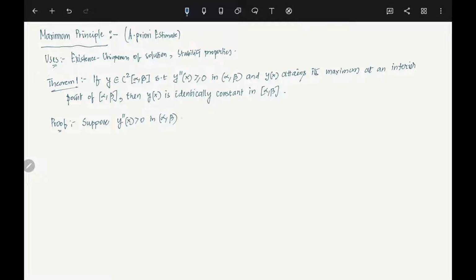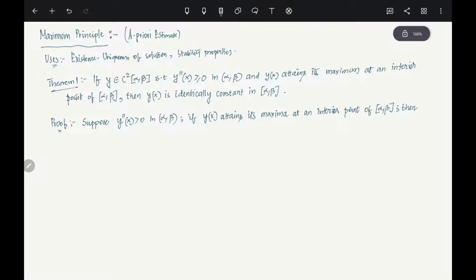Now, let's say if y(x) attains its maxima at an interior point of (alpha, beta), then what can you say?